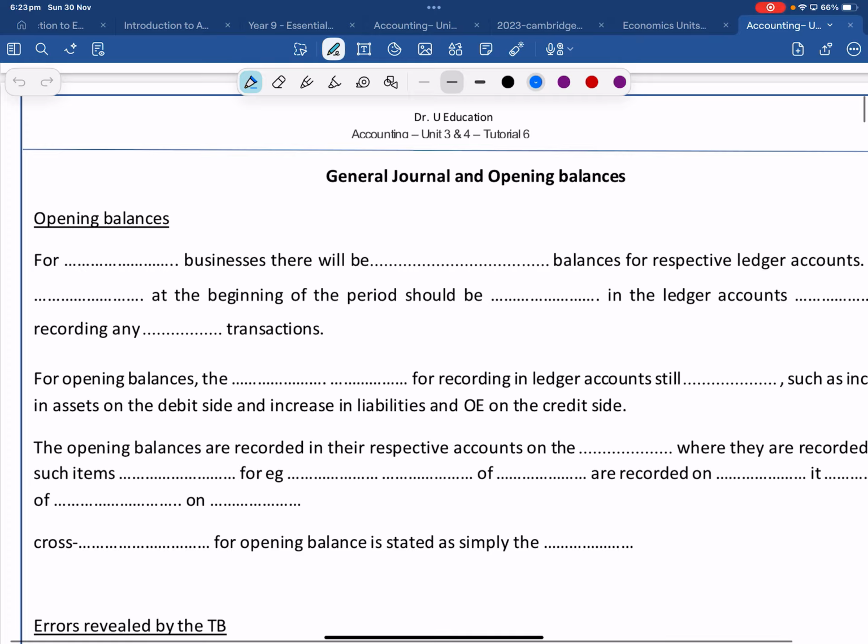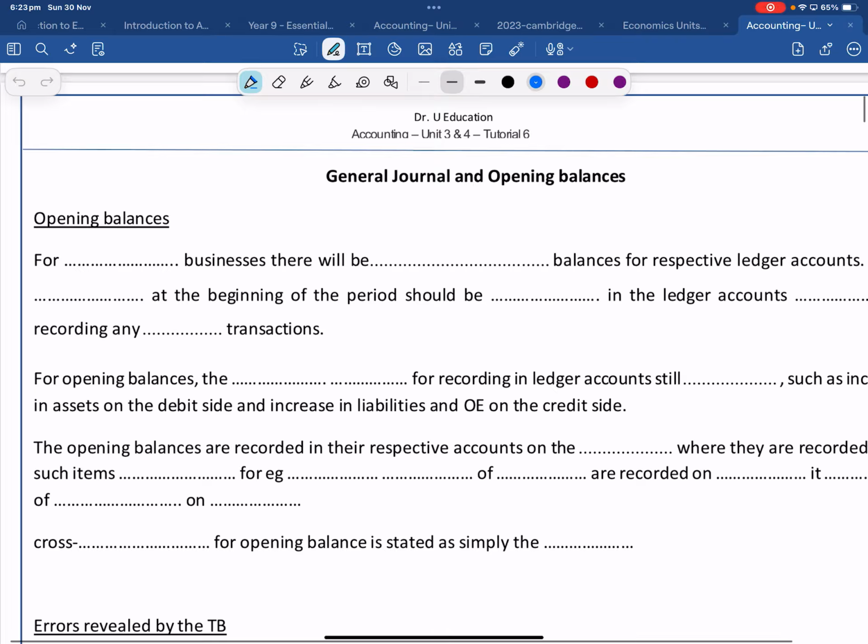Every time you want to have contributed as cash, other assets, etc. But this one, we are going to do for existing businesses, so that we will have opening balances. And the problem is how we are going to treat the opening balances in our ledger accounts. So that's what we are going to do.